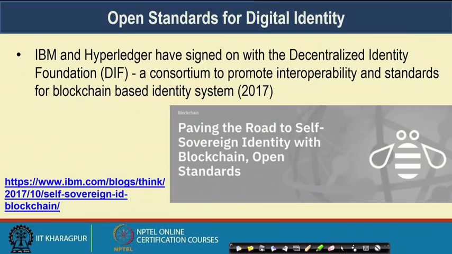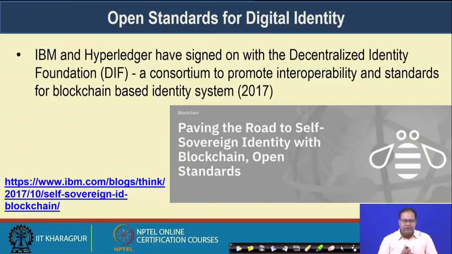And there are certain open standards for digital identity which are coming up. IBM and Hyperledger have signed a relationship with the Decentralized Identity Foundation, which is a consortium to promote interoperability and standards for blockchain based identity systems. It was very new, it came in 2017, where they are collaborating with each other to have standards for digital identity management.